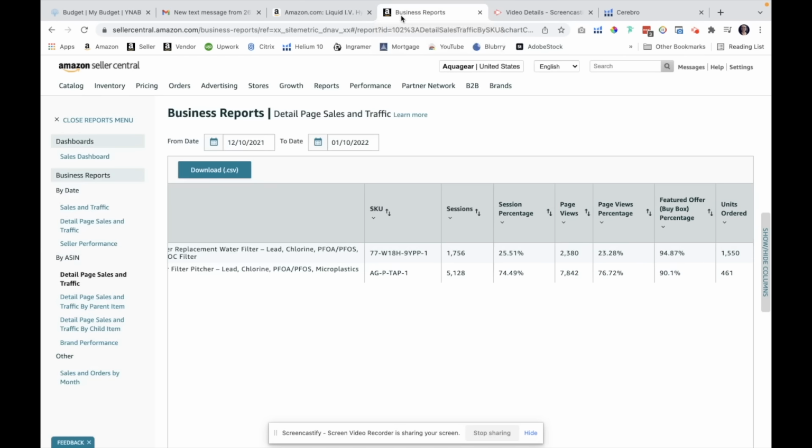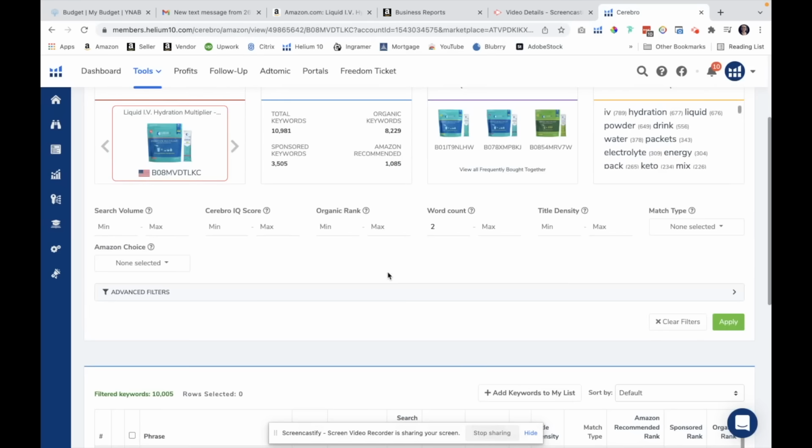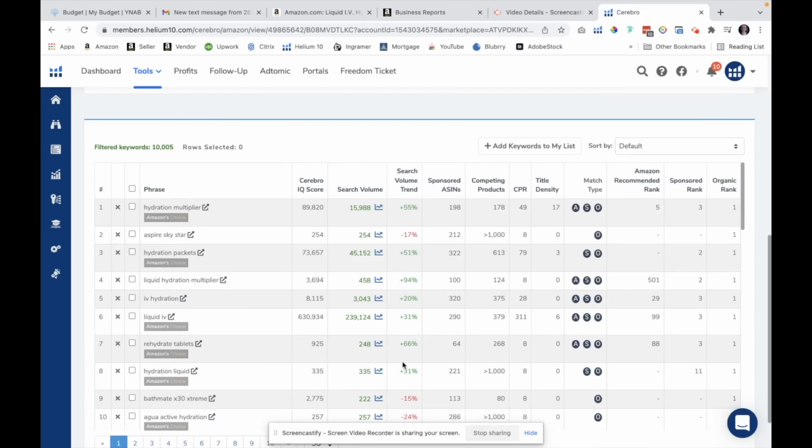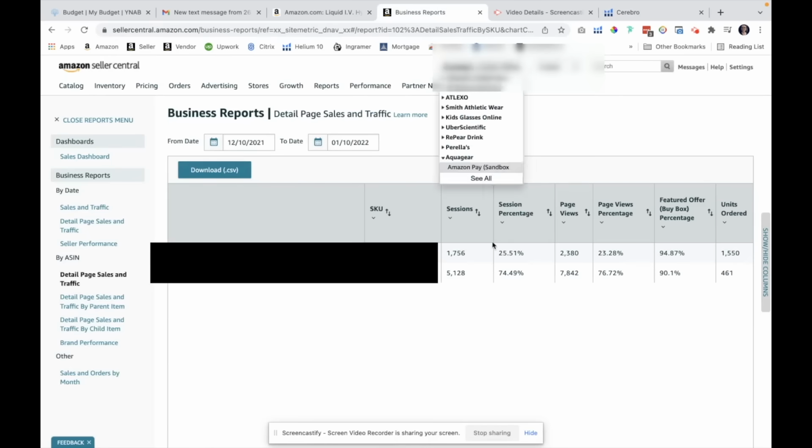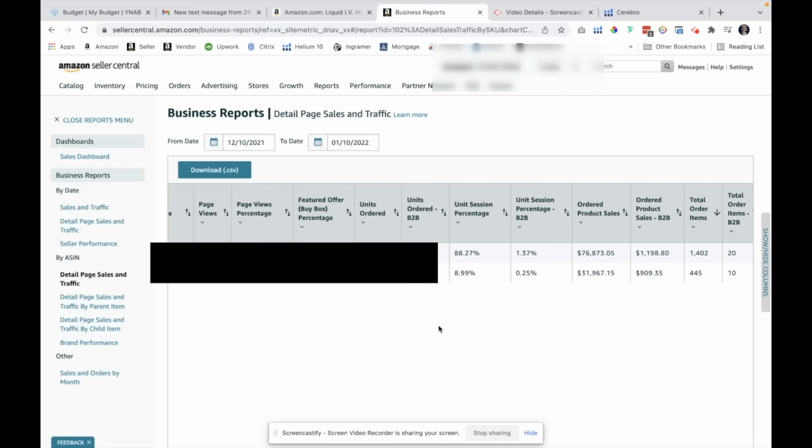Again, if there's not enough data here, if the sessions are really low and I search in Cerebro and I get very few words here, or if I get very little sales history, I'm going to know that there's just no sales velocity there. And then I'm going to tell them to run ads, or I'm going to tell them to send traffic from off of Amazon. But if the sessions are good, then it's a conversion problem.